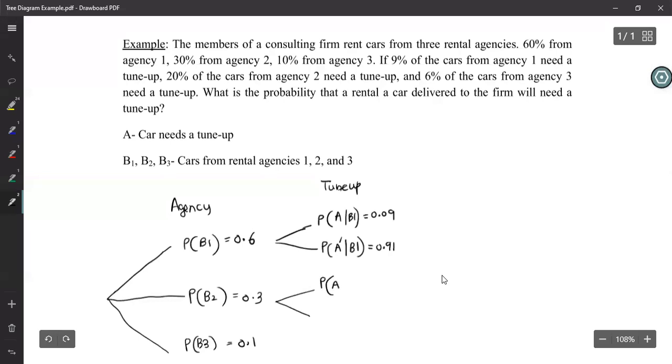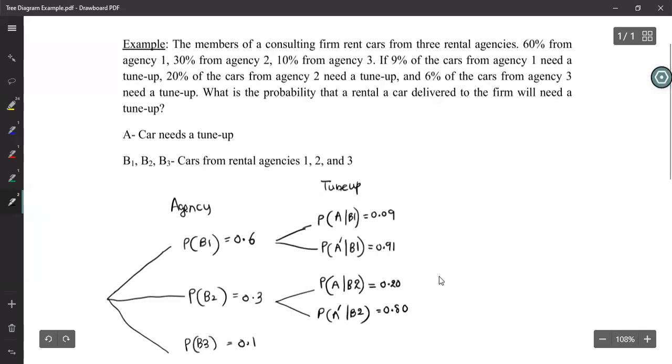Probability of needing a tune-up given you have the second agency. What is it? 20% of the cars from agency 2 need tune-up. 20%. So what is no need to tune-up then? It is 80%.